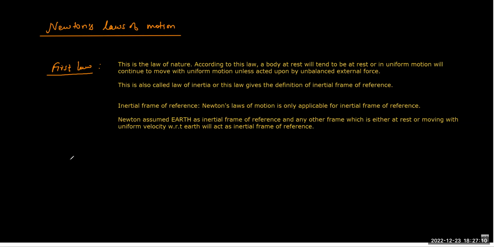So you can say that every building on Earth is at rest with respect to Earth. Yes or no? Yes. The Earth itself is moving around the sun, so the buildings are also moving. Buildings are also rotating because Earth is turning about its own axis. But with respect to Earth, those buildings are at rest. So every building on the Earth is an inertial frame of reference, isn't it?